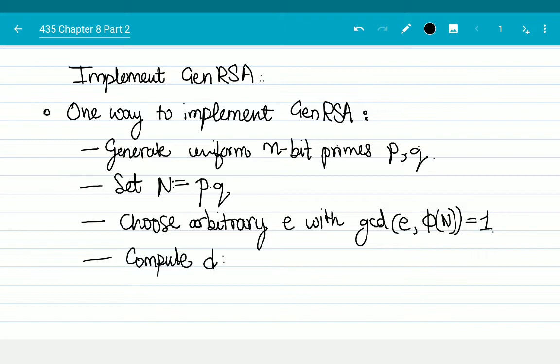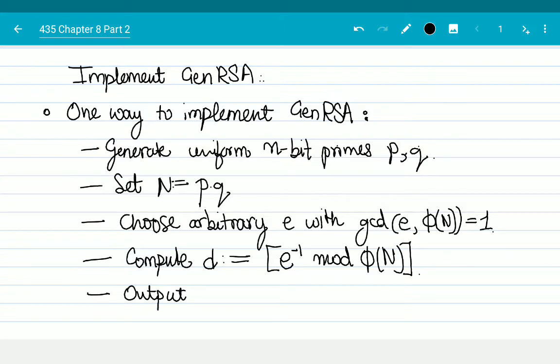Compute D is equal to E inverse mod phi of n. Okay. Then output N, E, D. Of course, this is not done by hand.